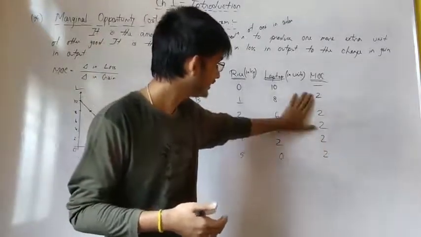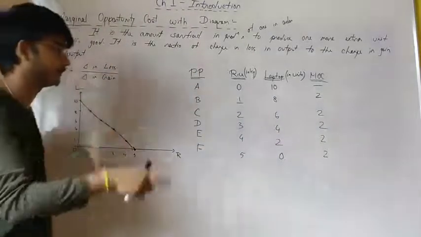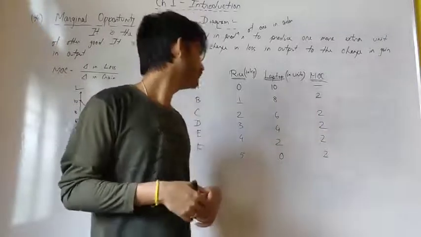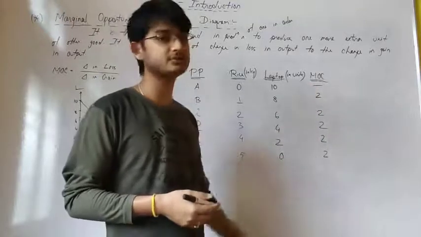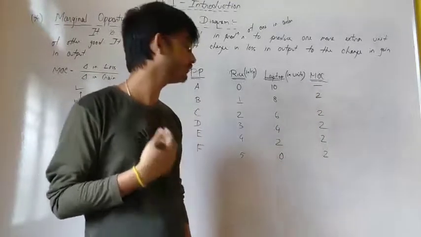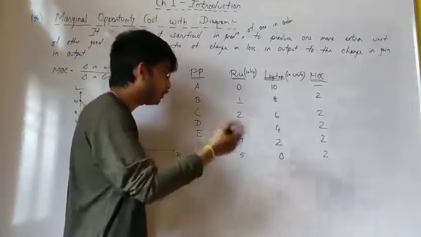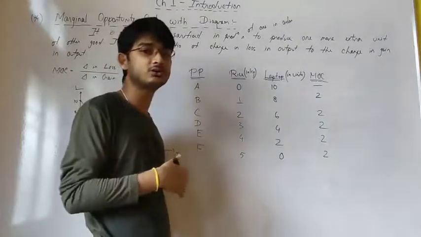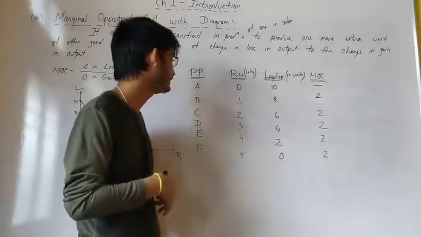So when it is constant, we get a straight line PPC, but when it was increasing, we got a concave PPC, concave towards the origin. And the reason for increasing MOC is that all resources are not equally efficient in production of all commodities. Hence, if we want to produce more of one commodity, we need to withdraw resources from the production of the other commodity.